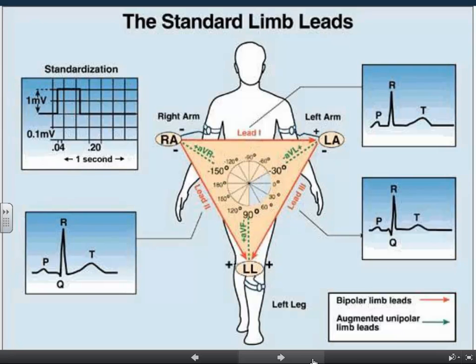Now, why are your precordial leads called unipolar leads? Because they don't change the polarity. They stay positive. Okay? It goes a little bit more with the way that you're actually getting this transmission. So when we get a bipolar lead, we are physically placing 2 leads on. All right?